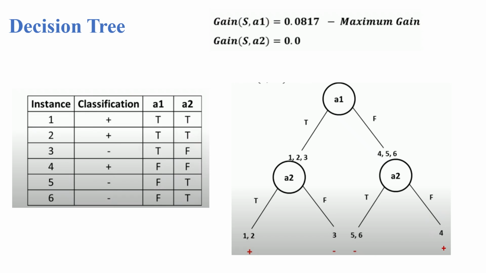For that purpose we used this ASM and found the information gain value. From that information gain value we chose the maximum gain, so we are choosing A1 as the parent node. From A1 we have two results, one is true, another one is false.